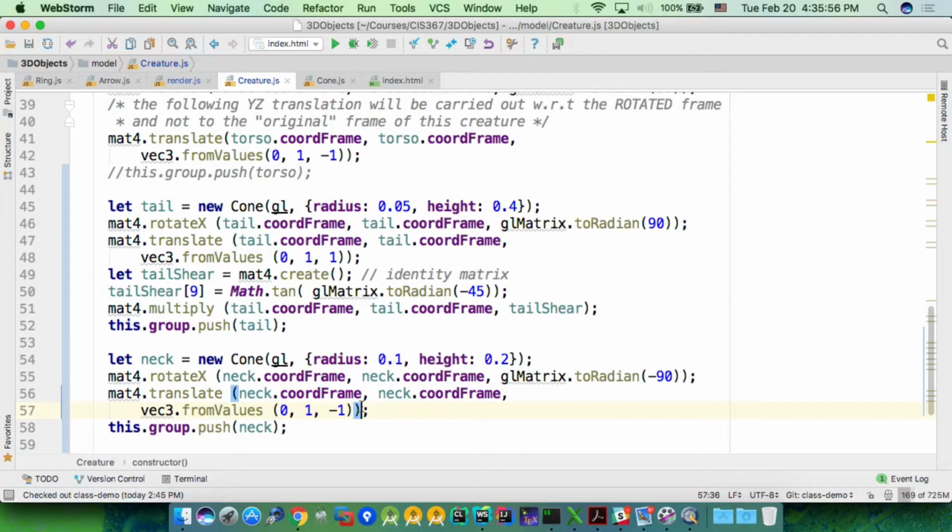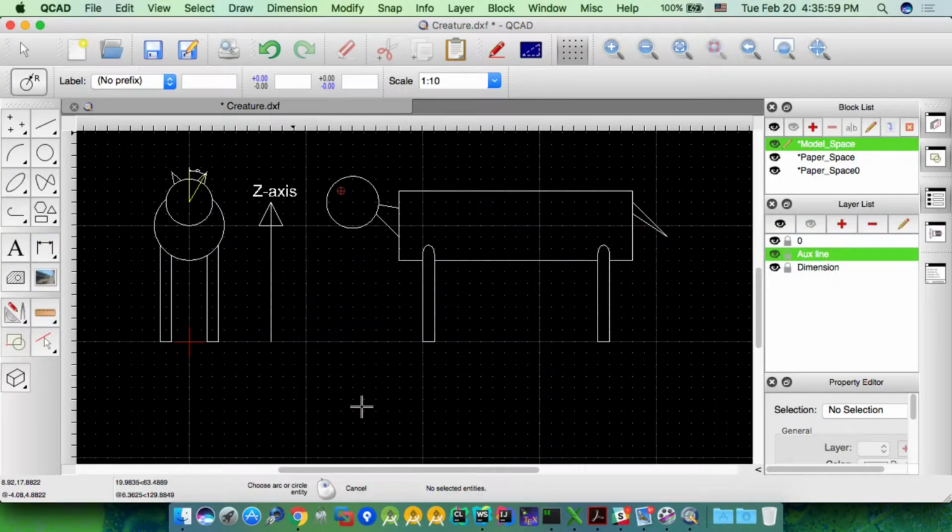Let me bring up my AutoCAD diagram here. So when we built the cone it is here, right? And then we rotate by, is it 90 or plus or minus? So X, red, green, blue, X, Y, Z. We have to make sure that the coordinate assignments are right-handed.